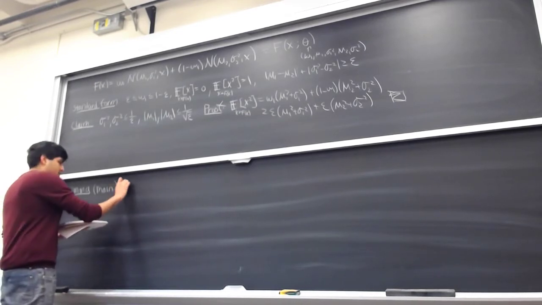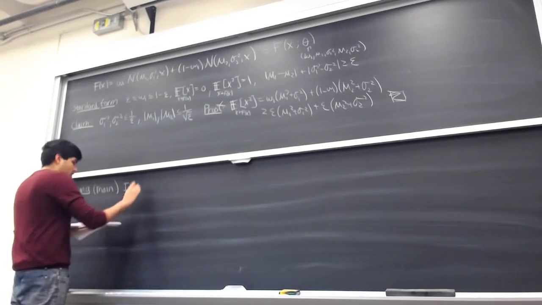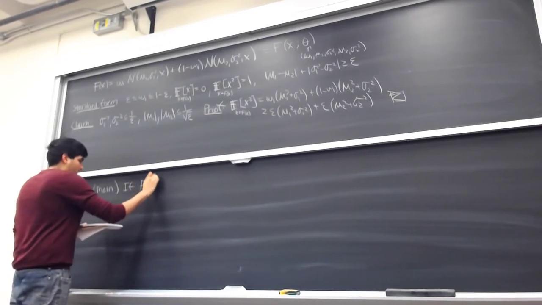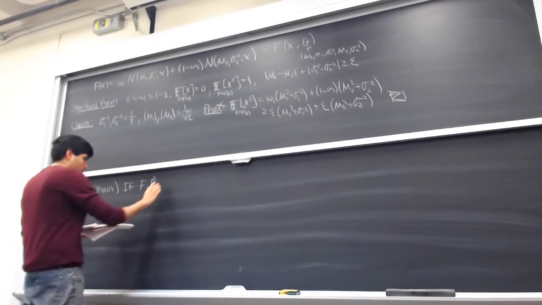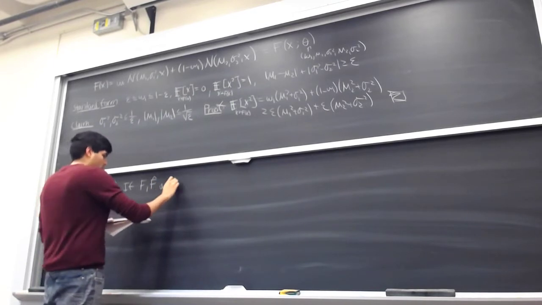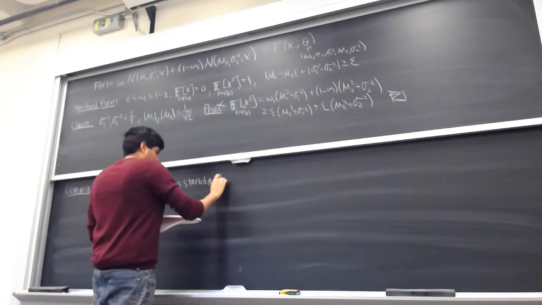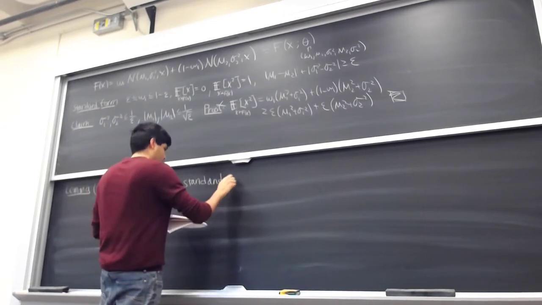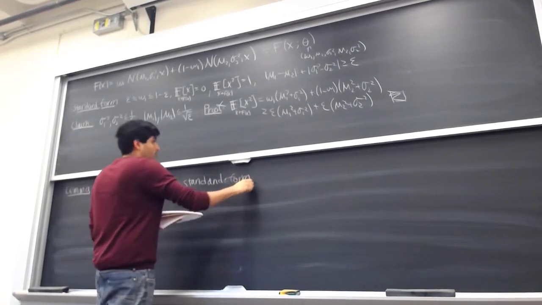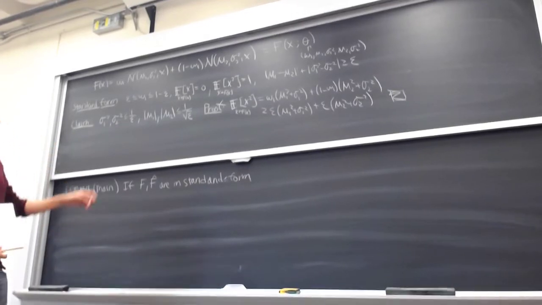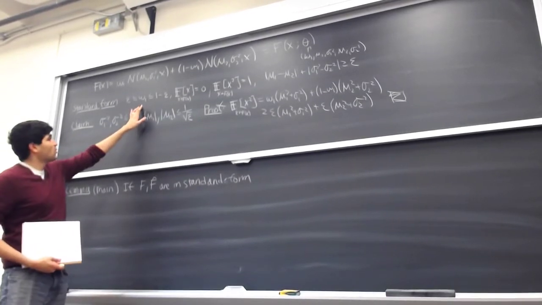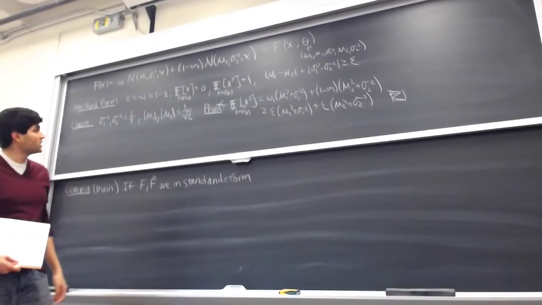The way that I'll state this lemma is: if f and f hat are both in standard form, so they both have the property that their mixing weights are between epsilon and 1 minus epsilon.